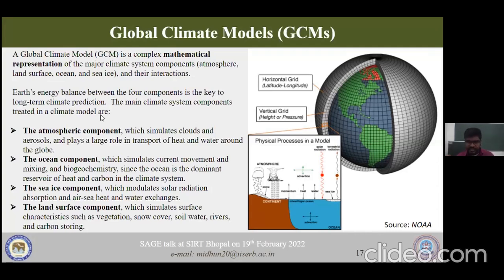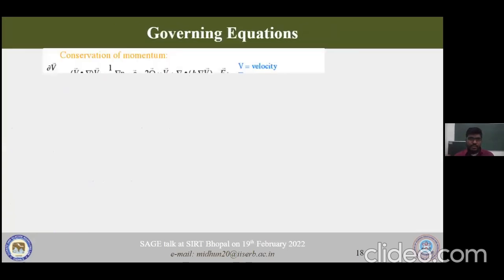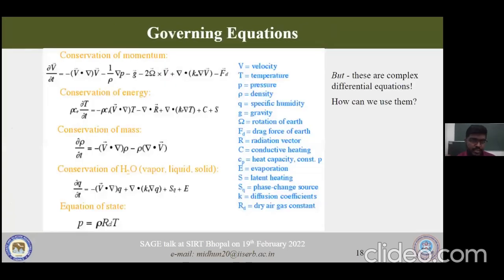So this is quite scientific. I just want to introduce the process, right? There are conservation of momentum, conservation of energy, and conservation of mass. This is common for both weather and climate models. These are the governing equations, and they are very complicated.